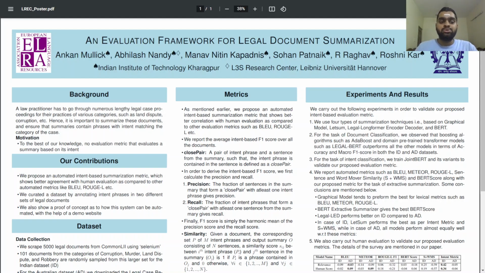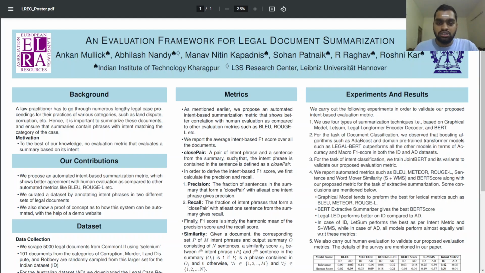So we introduce an intent-based F1 score and a human score metric, which is related to Spearman's rank correlation, for the evaluation of a summary, and we refer to it as the intent metric from here on. We propose an automated intent-based summarization metric for extractive summarization. So we report the average intent-based F1 score over all the documents.